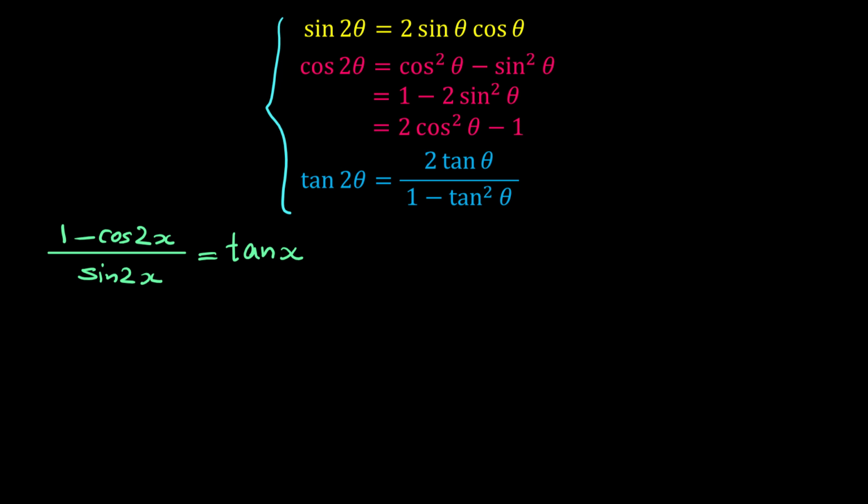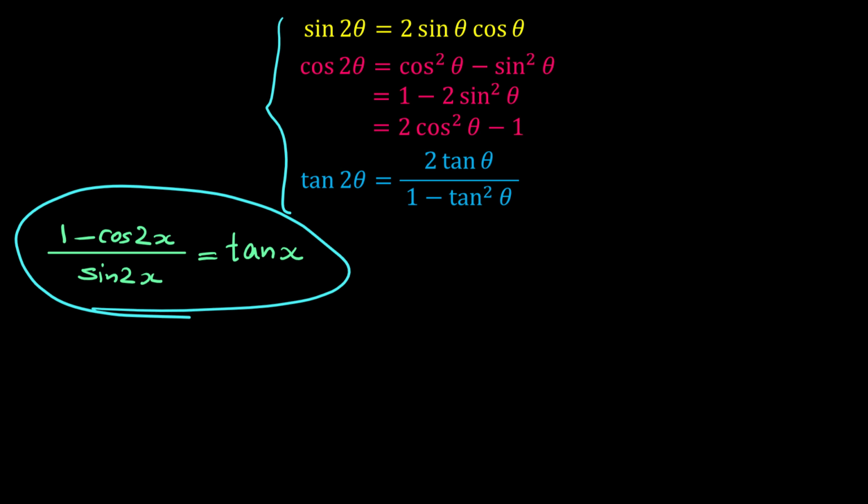For proving identities, usually we start from one side of the equation, usually the side that is more complicated. For example, to prove this identity, we start from the left side, because as you can see, the left side has a more complicated expression than the other side.